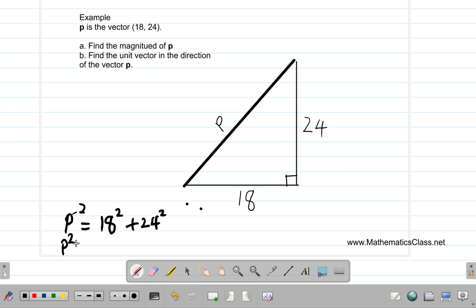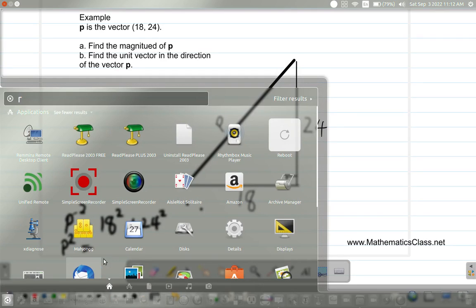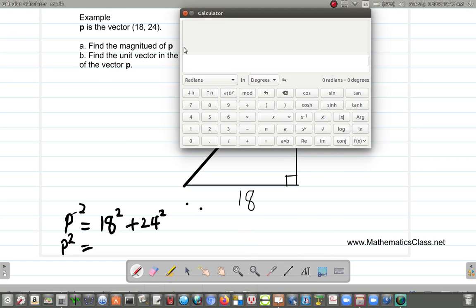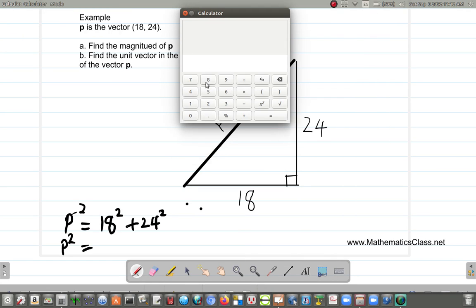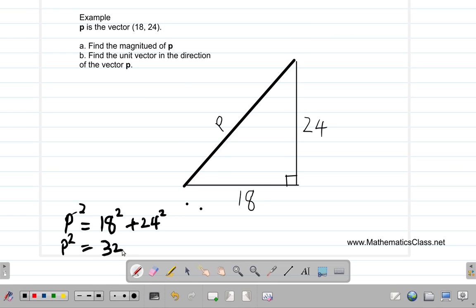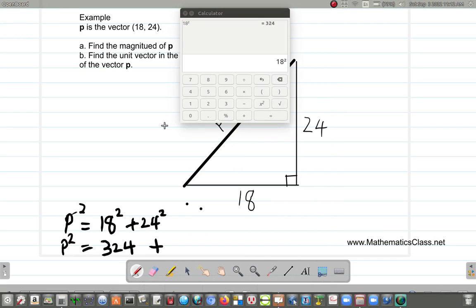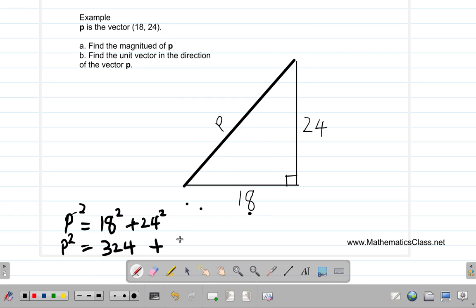So therefore, P squared equals, what is 18 squared? 18 squared is equal to 324. 324 plus 24 squared. 24 squared equals 576.